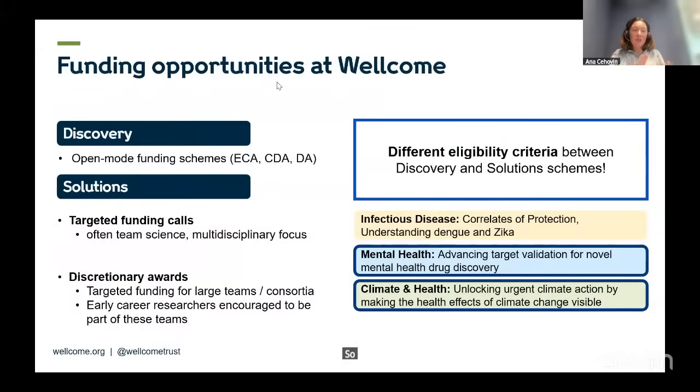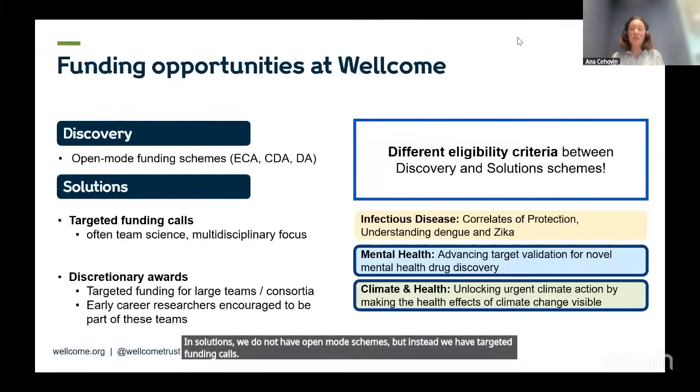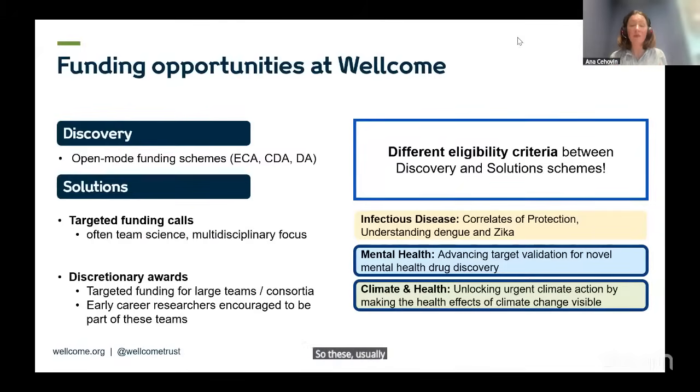So I spoke earlier about the discovery and the 3 open mode schemes. In solutions, we do not have open mode schemes, but instead we have targeted funding calls. These funding calls require multidisciplinary focus.